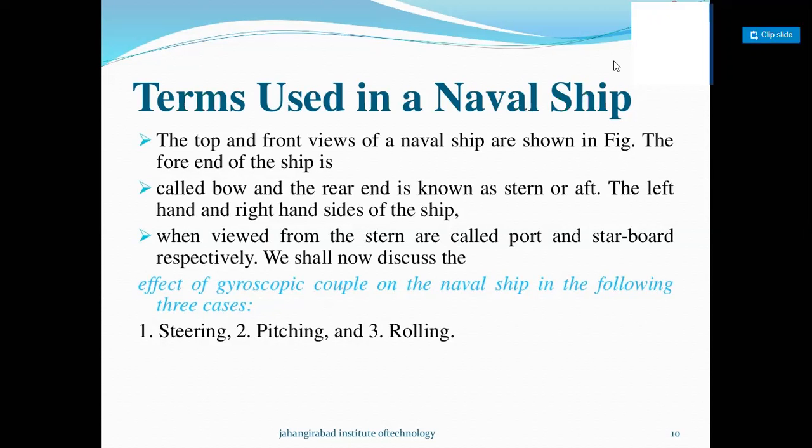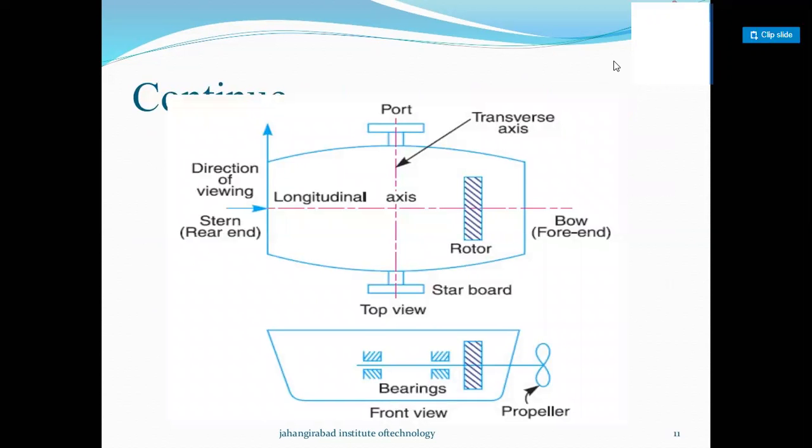So steering, pitching, and rolling are different kinds of movement of a ship. Now suppose this is the figure of the naval ship. For the stabilization of a ship against any of the above motions, that is steering, pitching, or rolling, the major requirement is that the gyroscope shall be made to precess in such a way that the reaction couple exerted by the rotor opposes the disturbing couple which may act on the frame.